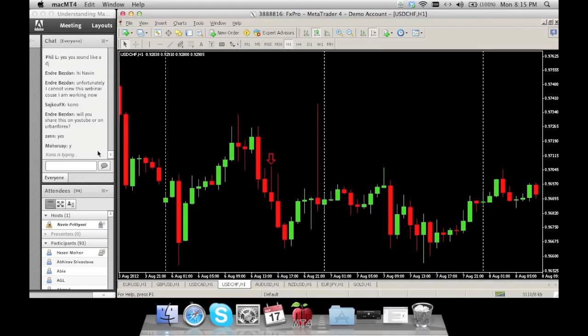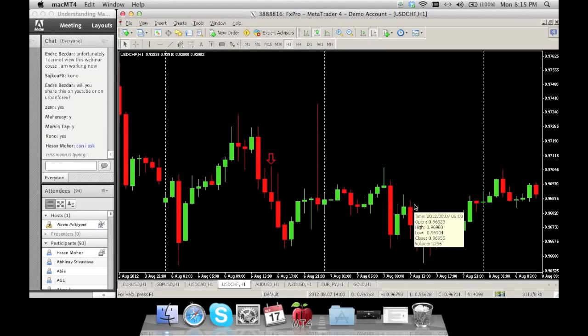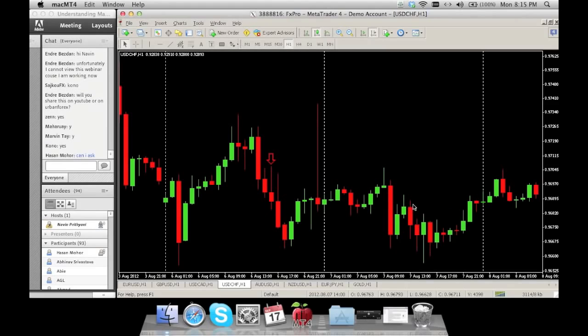Okay, good. So exhaustion is a pattern to reverse the market, to change the direction of the market. If you're in an uptrend, it will change the direction and take it down into a downtrend. How long it does that for does not matter. All we know is it changes into a downtrend.